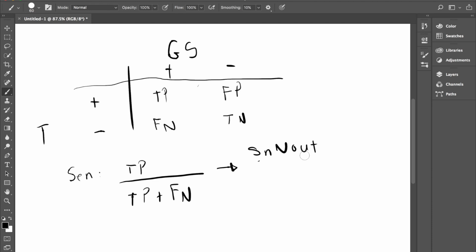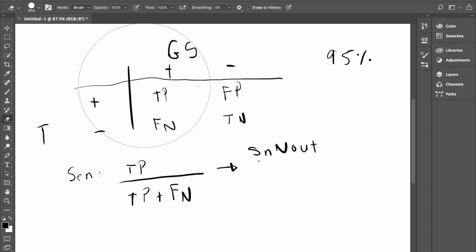But there's a better way to look at this, right? Basically what this is saying is, let's say I have a test that has 95% sensitivity. Well, then I have very good sensitivity. And let's say then I got a negative test result, okay? Then I can be pretty sure that the person who got the negative test result doesn't have the disease. That's what SNOUT is saying for a test that has high sensitivity value.